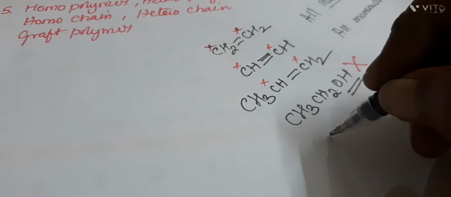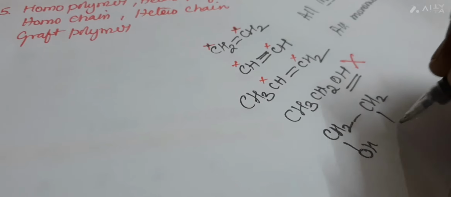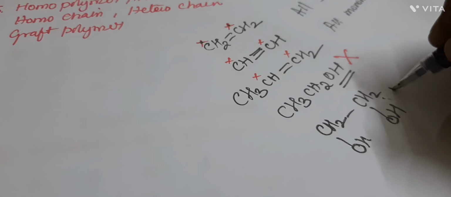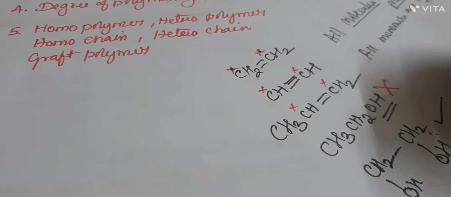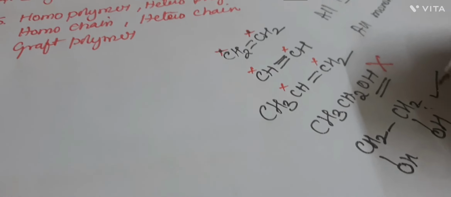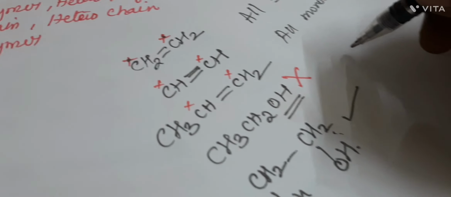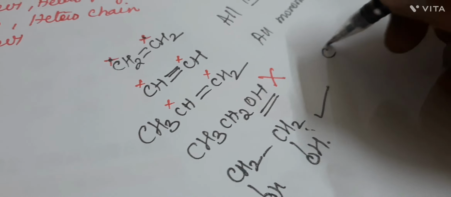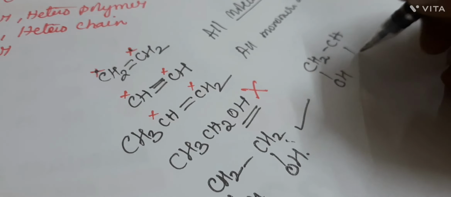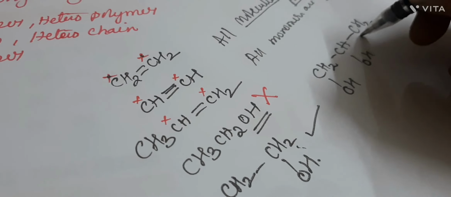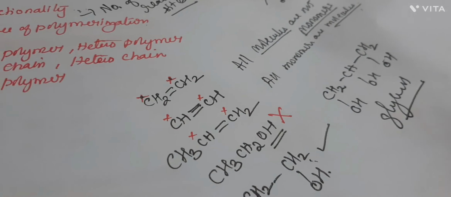At the same time, glycol, which is CH2OH, CH2OH, is bifunctional and can undergo polymerization. So those molecules that have at least 2 functional groups can undergo polymerization. One example of trifunctional is CH2OH, CHOH and CH2OH, which is glycerol. It is trifunctional and can also undergo polymerization.